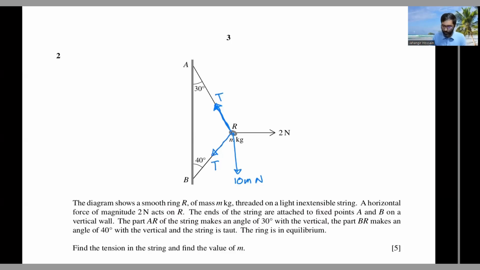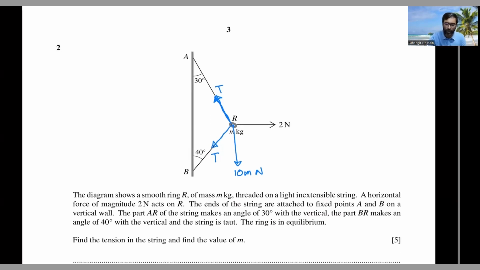Now we have two unknowns here, m and T. You have to calculate the tension in the string and the value of m. For that, since it is in equilibrium, you have to consider two axes here. Let the direction of the T Newton horizontal force be the x-axis, and perpendicular vertical be the y-axis.